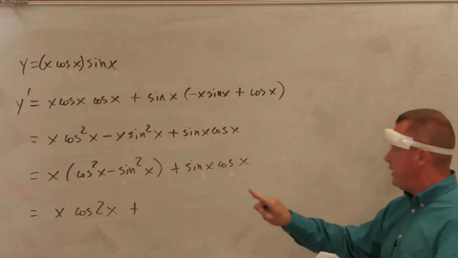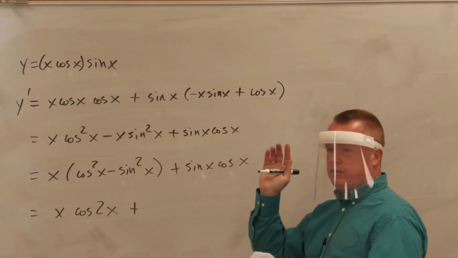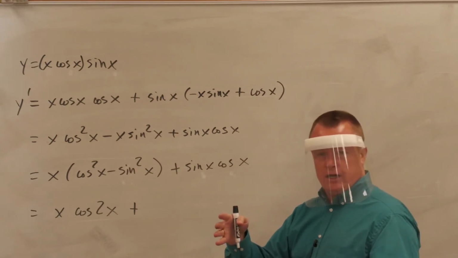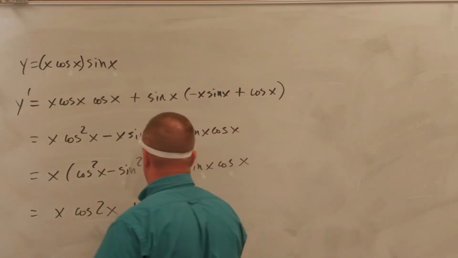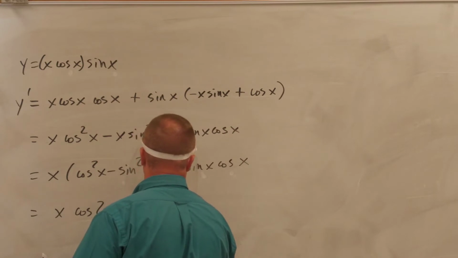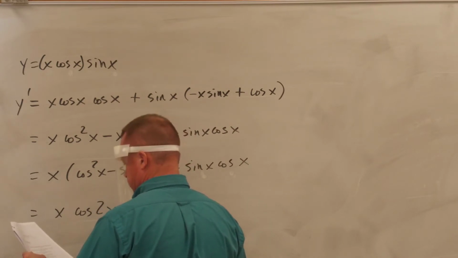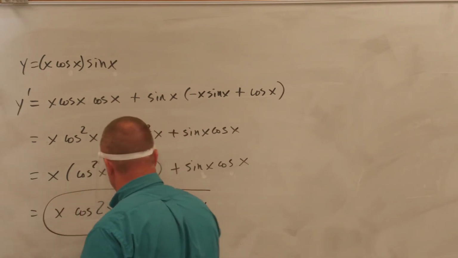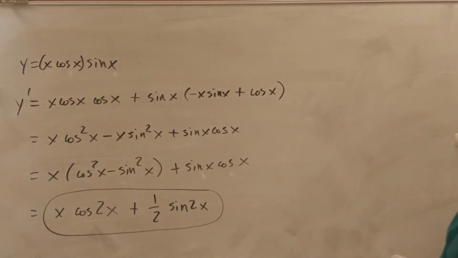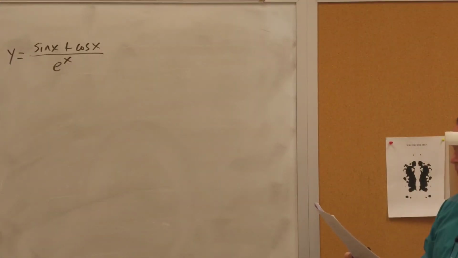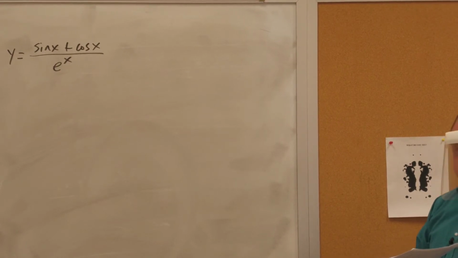And sine 2x is 2 sine x cosine x. So just look on your trig sheet for that, and you don't necessarily have to remember those. They probably would pop up from time to time, so it'd be easier if you could, but if you don't, it's no big deal. You can look them up if you need to. All right, so quotient, right? So I need to do the quotient rule.